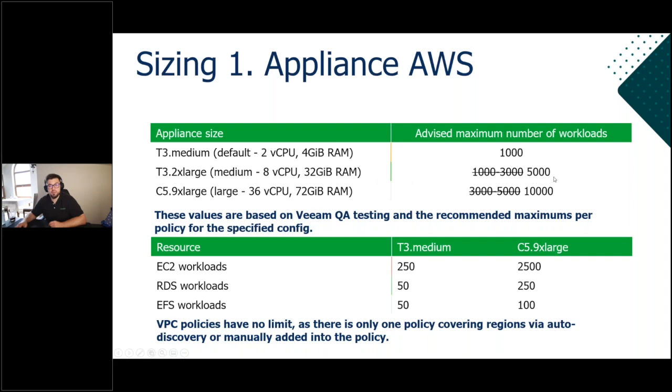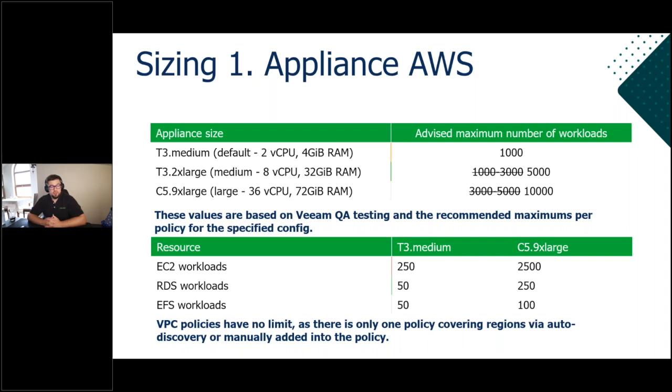It can cover up to 5,000 workloads. And C5 9X large, 36 CPU and 72 gigs of RAM. It can cover up to 10,000 workloads. So these values are based on Q&A testing. So these are real values, not calculated in some artificial intelligence. So this has been tested.